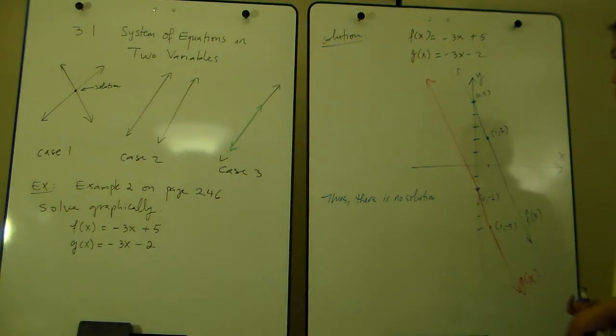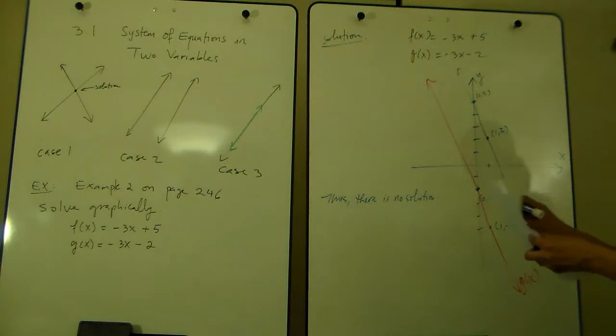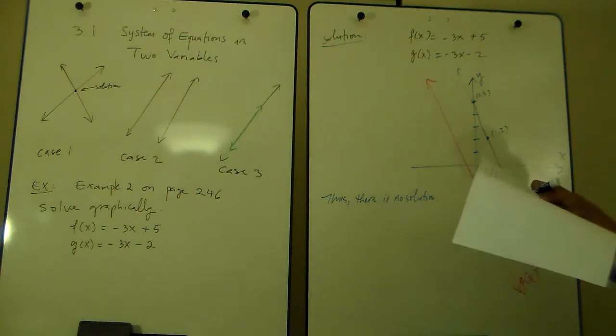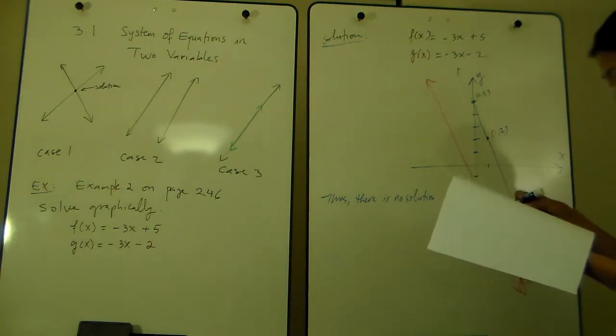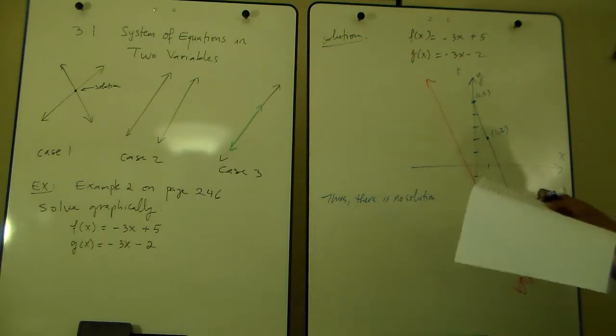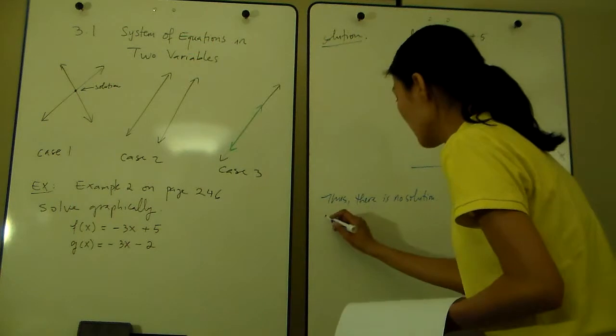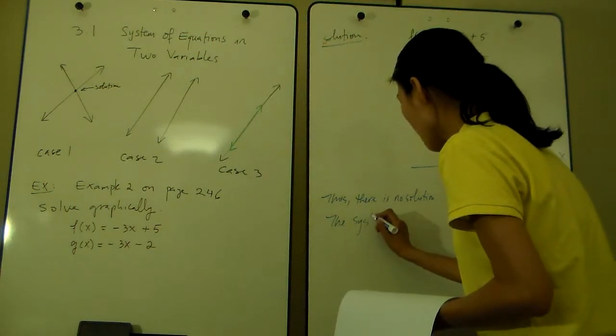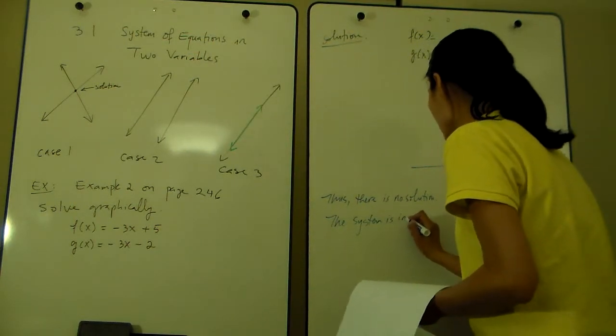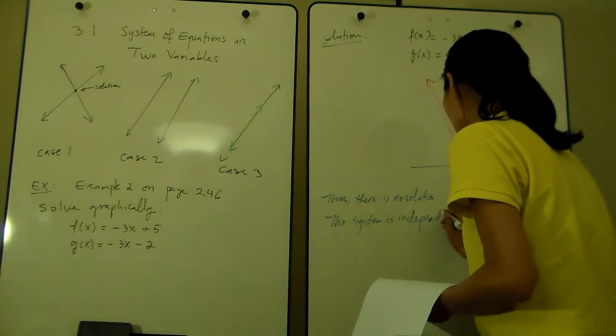Now, if I ask you, is this system of two equations independent or dependent? Remember, you can review that the graphs of the equations are different lines. So these are different lines, right? They're going to be independent. So you say the system is independent.